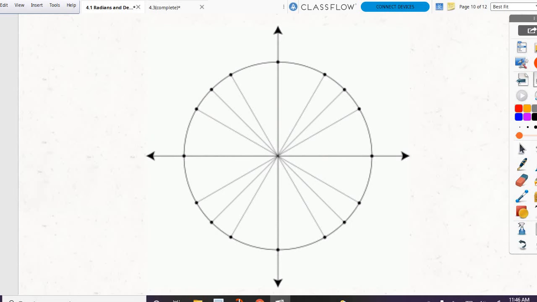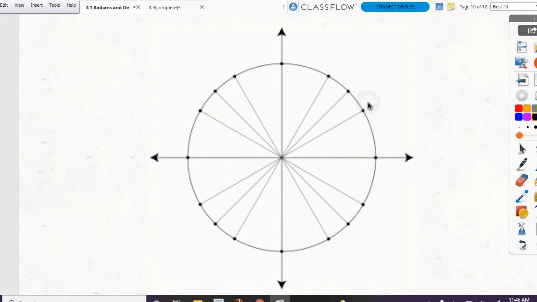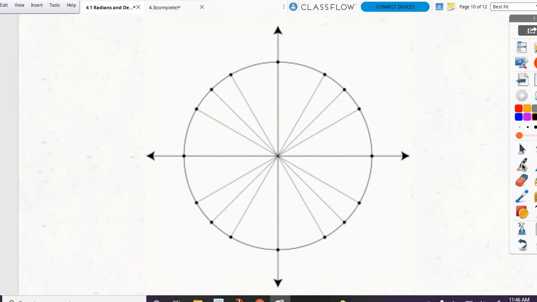So, in our first quadrant, our placement we just talked about, it's going to be 30, 45, and 60. And in our other 3 quadrants, we have angles that are in similar positions to those first 3 angles.